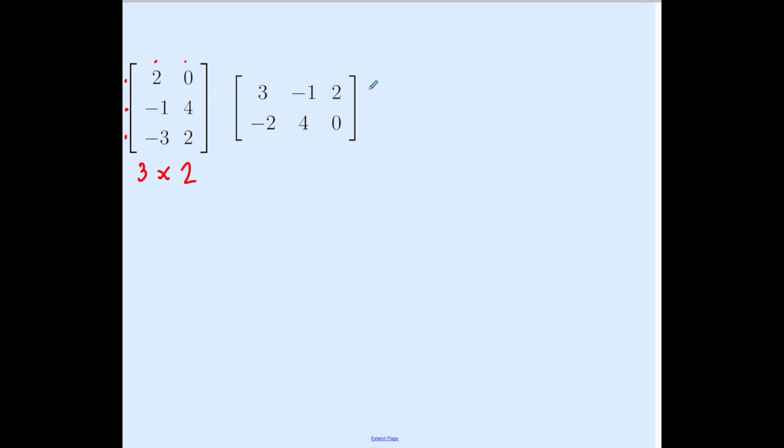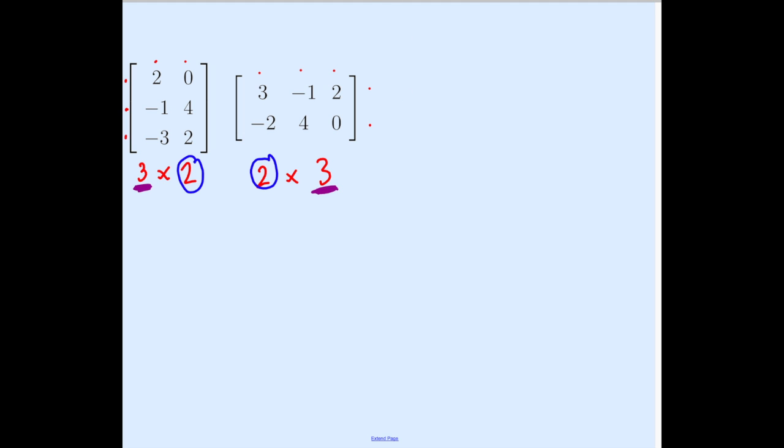This one is 1, 2 rows, so 2 by, and then 1, 2, 3 columns, 3. These are our orders. You can only multiply matrices if the inner two orders are the same. Then your answer is going to be the outer two. So we know that our answer is going to be a 3 by 3.